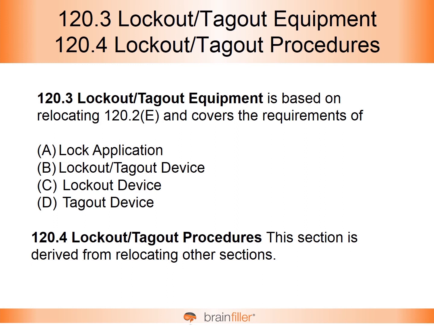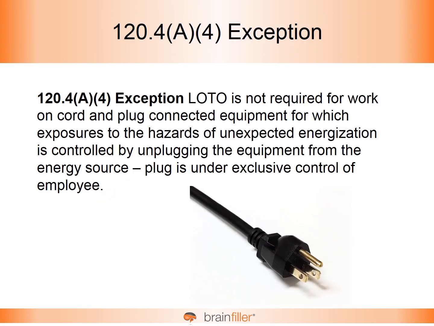This section is derived from relocating other sections from the 2015 edition. 120.4A4, an exception, the lockout tagout is not required for work on cord and plug connected equipment if exposures to the hazards of unexpected energization is controlled by unplugging the equipment from the energy source, as long as the plug is under the exclusive control of the employee.